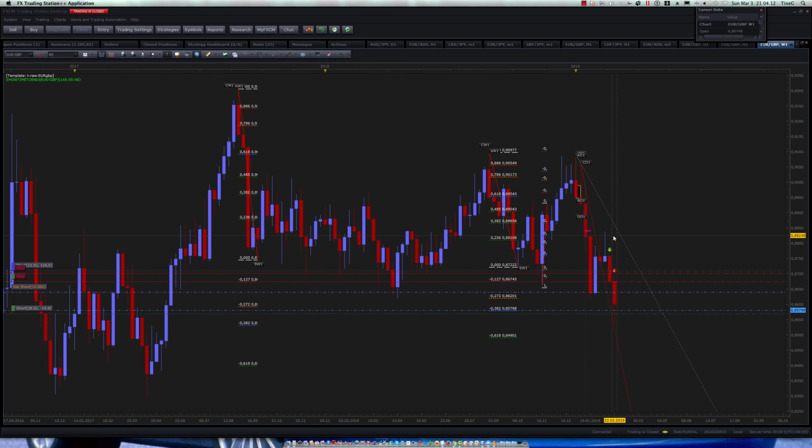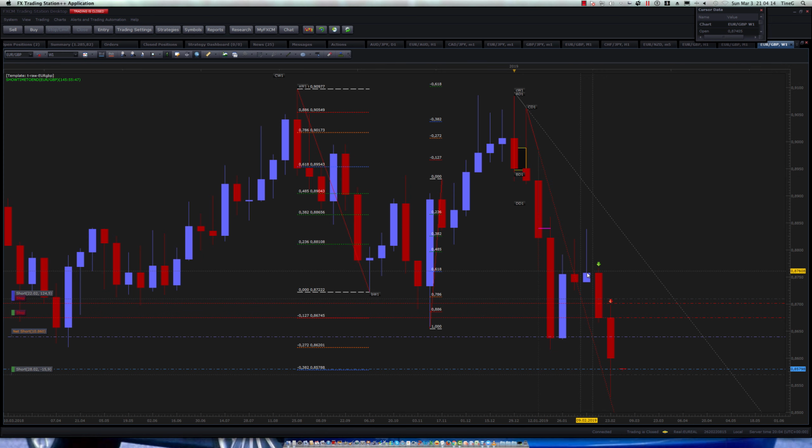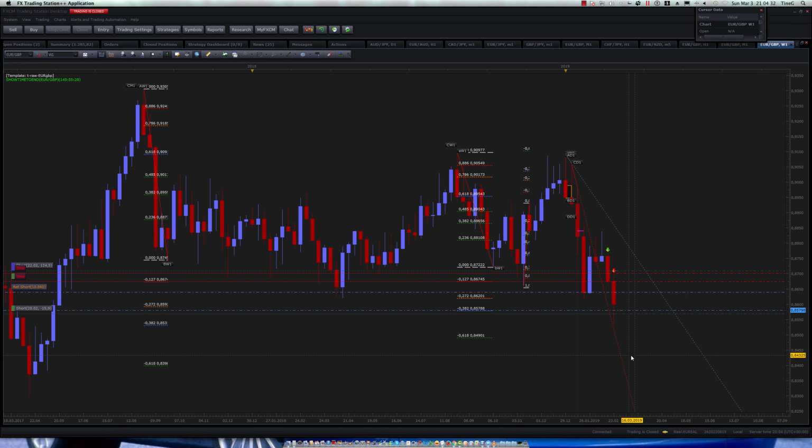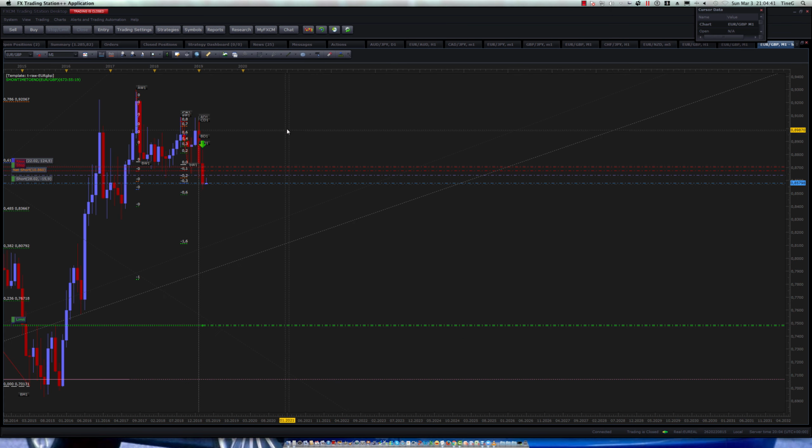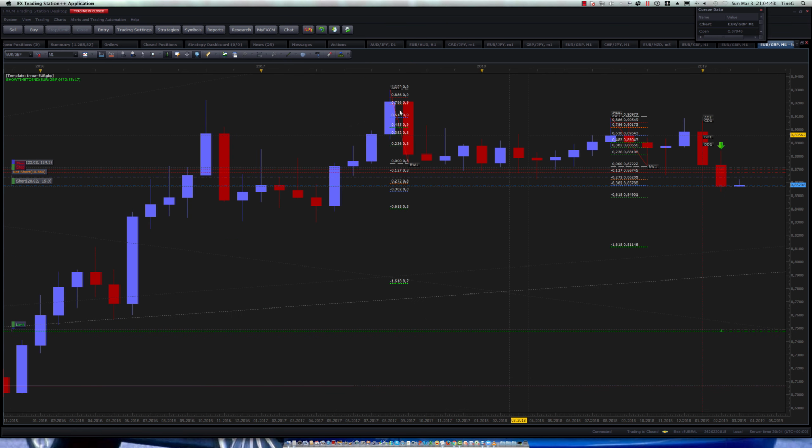Over here we have tweezer tops on the weekly candle, an ideal signal for a downtrend, and the market did drop down again, pulled back, and the good thing that I am happy about is the fact that it's kind of breaking out of a consolidation.